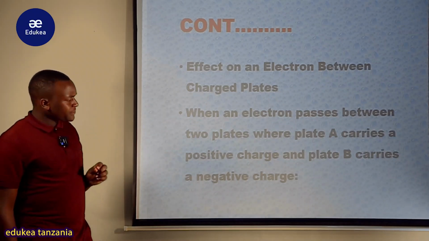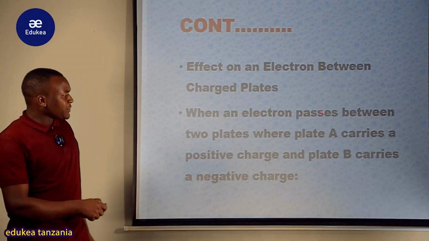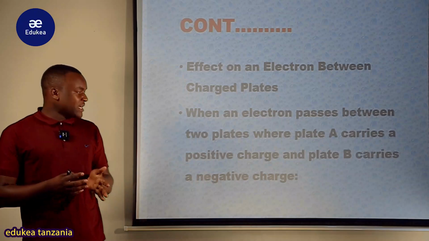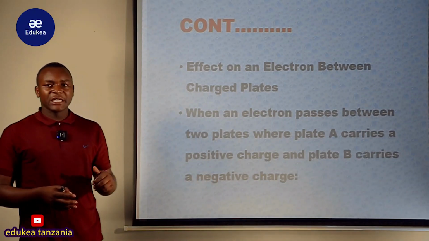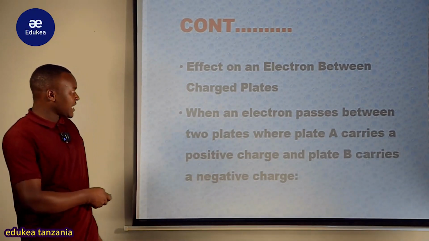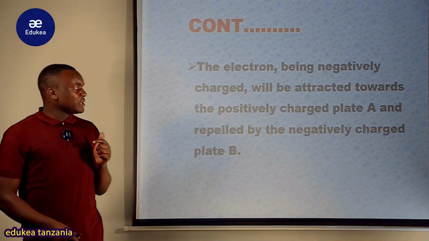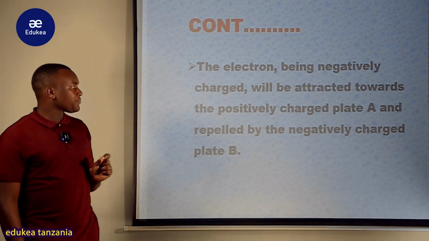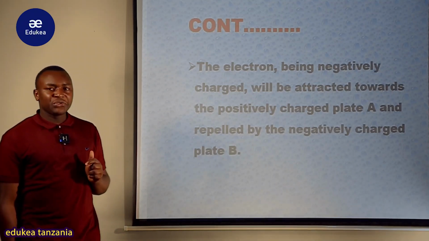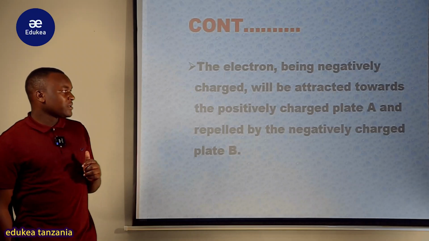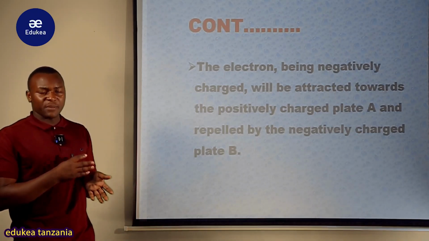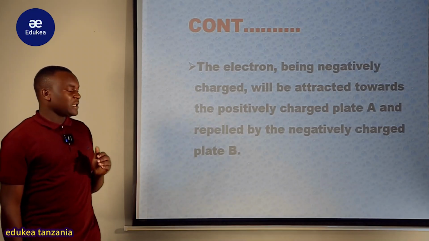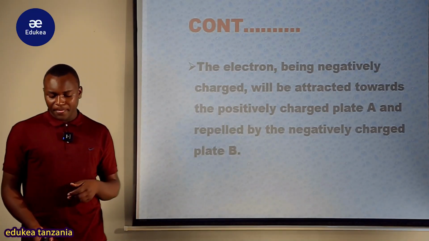We say that when an electron passes between two plates, where plate A carries a positive charge and plate B carries a negative charge, the electron, being negatively charged, as we know an electron is a negative charge, will be attracted toward the positively charged plate, which is plate A, and repelled by the negatively charged plate, which is plate B.